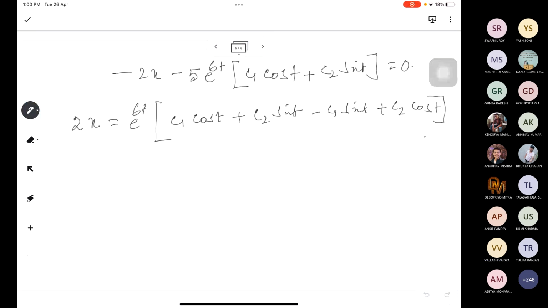Yes. So this implies x is equal to e to the power of 6t times (C1 plus C2) by 2 cos t.